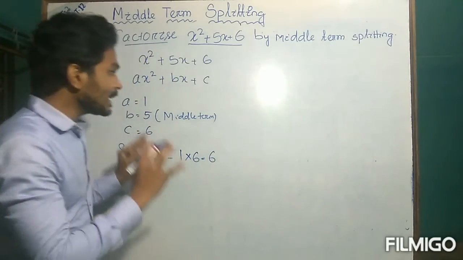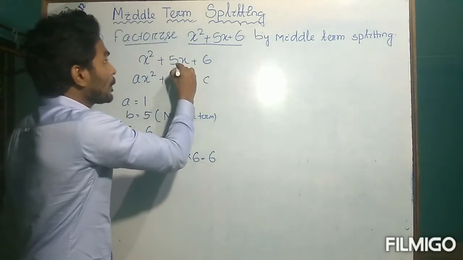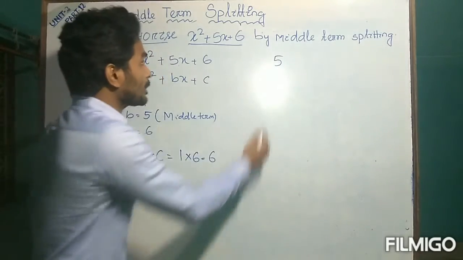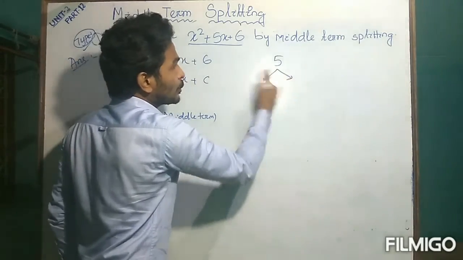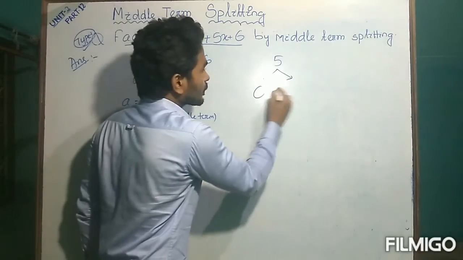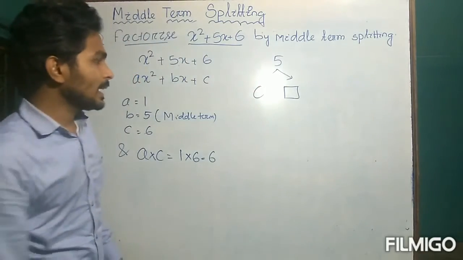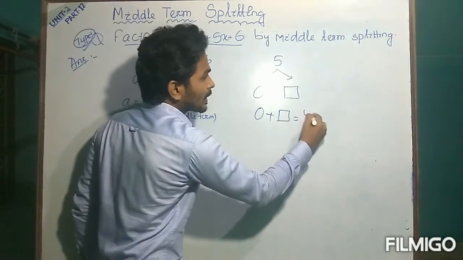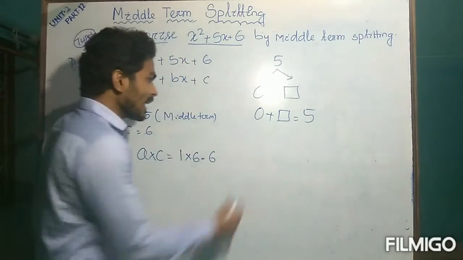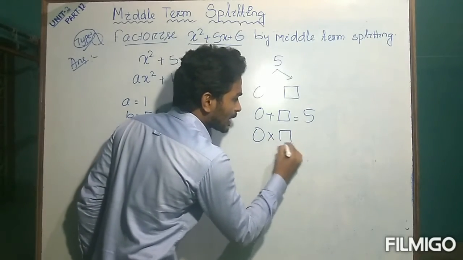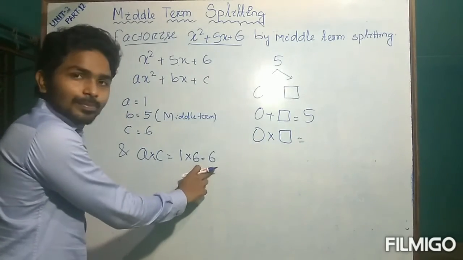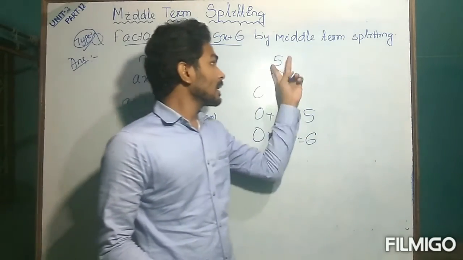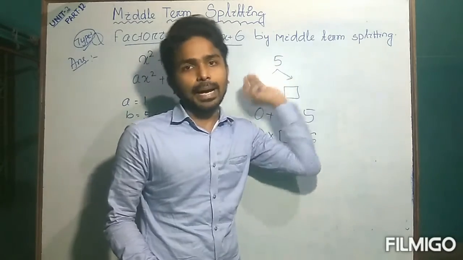So it means we have to break this 5 into two parts, so that their addition will give 5, and their multiplication will give 6.